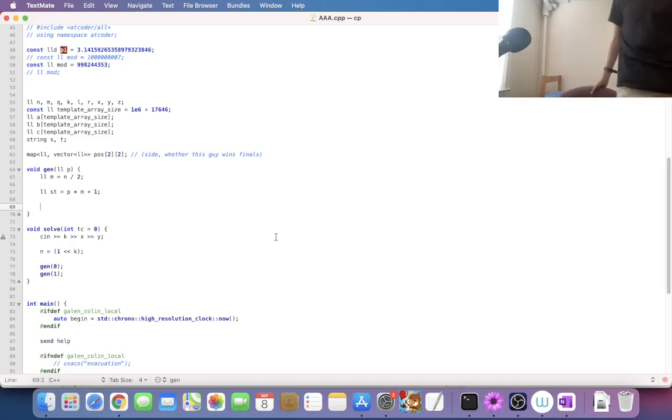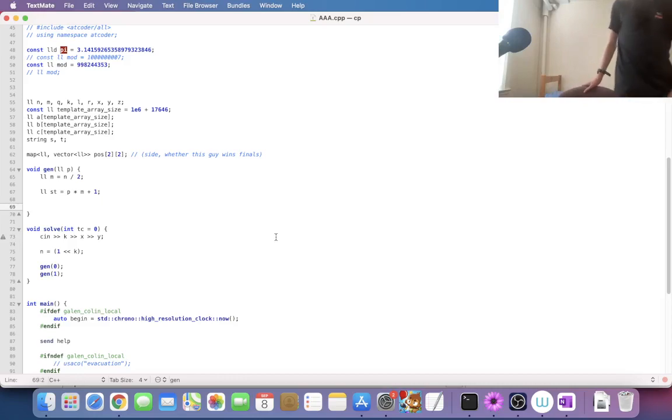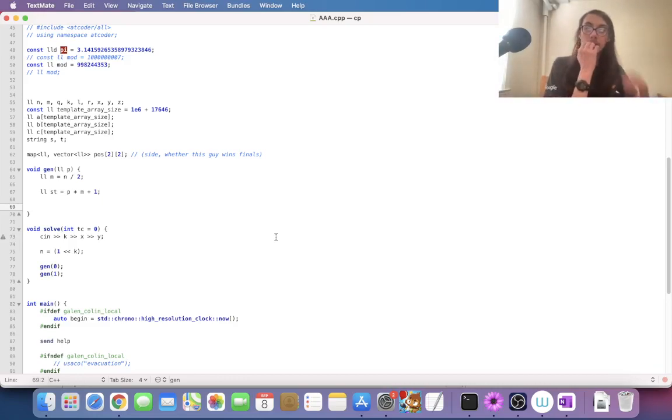Right, okay. So to implement this, it's actually kind of annoying. Maybe. I guess it's not the worst. What we need to do is, actually, yeah, sure.